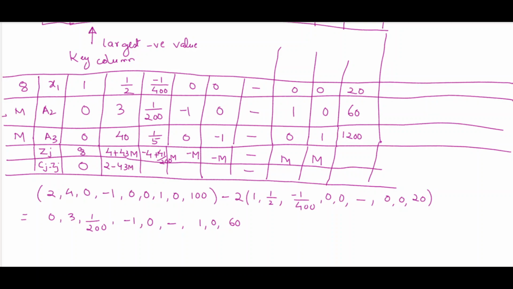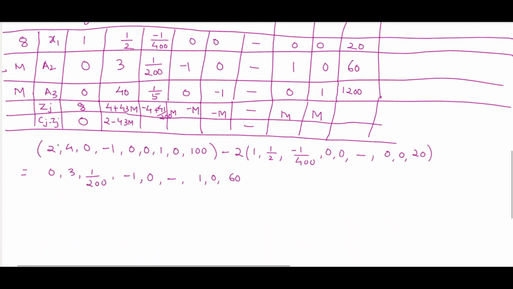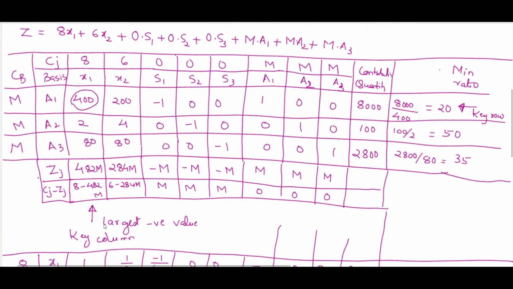Similarly, for this one it is 0. All are 0, so it will be just reverse: 4 minus of 41 by 200 M. Here it will be plus M, here it will be plus M, here it will be 0, here it will be 0. What is the rule? What will be the key column?